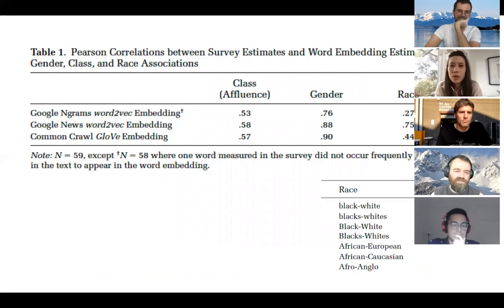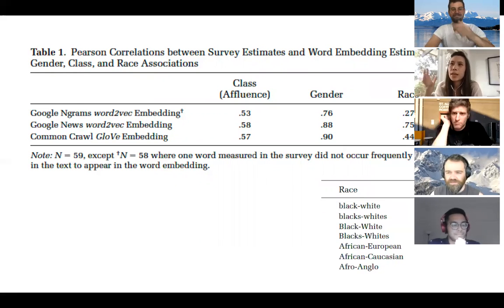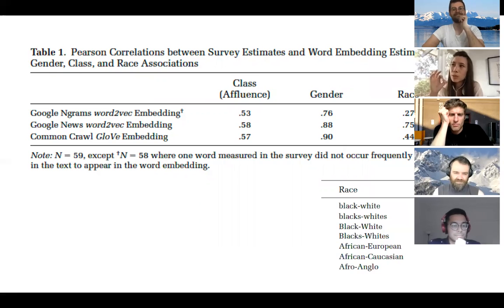So to get an overall sense of how close word embedding models are aligning with the survey, they look at the Pearson correlations between the projections on each dimension associated with the word embedding and the survey. And what's interesting, as I highlighted earlier, is that the results differ when you use different text to train the word embedding model.